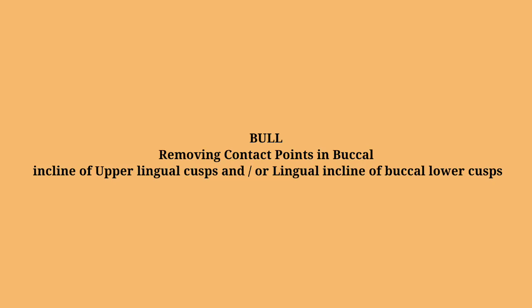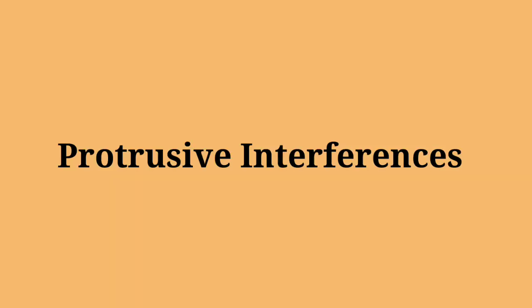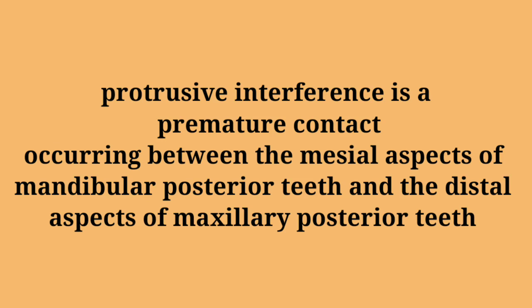And last, but not least, the protrusive interferences. When you move the mandible in protrusive movement, the posterior teeth should not be in contact. So any contact on the posterior teeth should be relieved and reduced carefully.